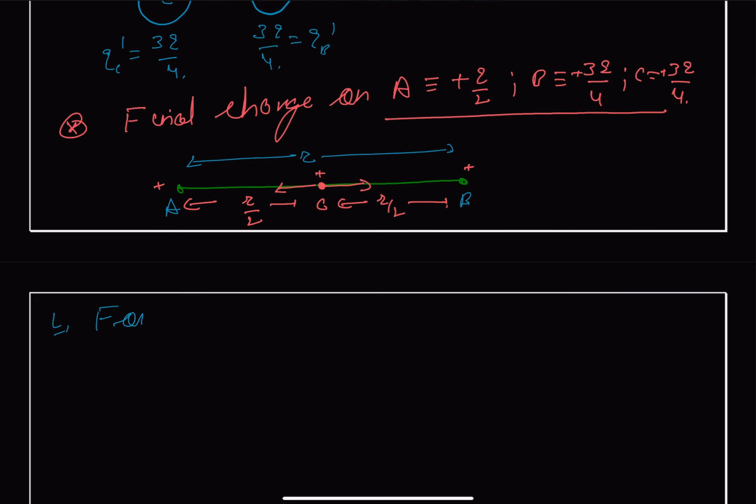Force on C due to A. F_AC will be equal to K times Q_C prime and Q_A prime divided by (R by 2) whole square.